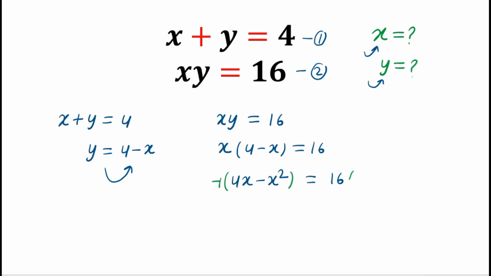On the left hand side, minus 1 times 4x gives minus 4x, and minus 1 times minus x squared gives plus x squared. On the right hand side, 16 multiplied by minus 1 gives minus 16. Writing x squared first, we get x squared minus 4x equals minus 16.